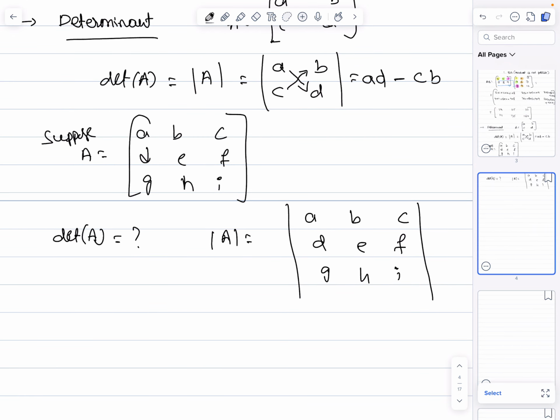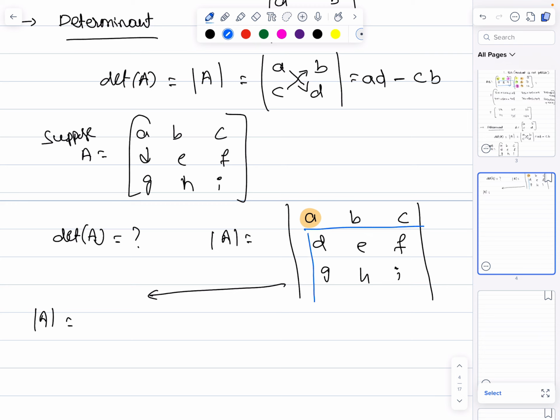So, for this 3 by 3 matrix, determinant of A is equal to, so you have to follow the submatrix concept. That is, if you focus at this point, ignore its row and column. So, you are left with a submatrix, that is this submatrix. This is important.